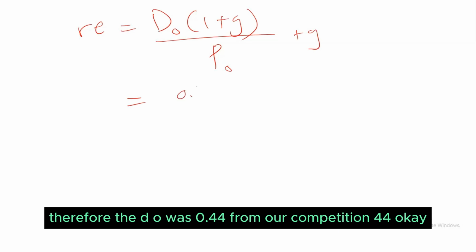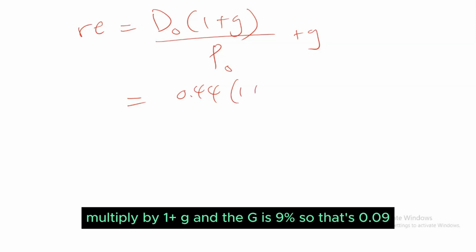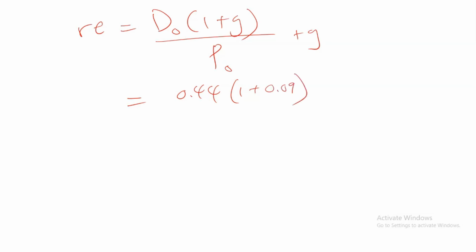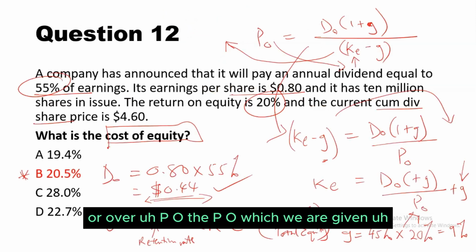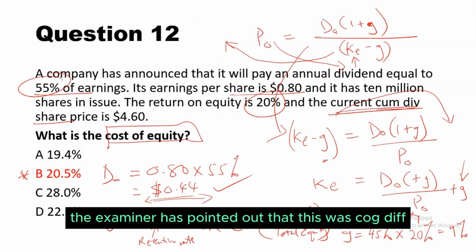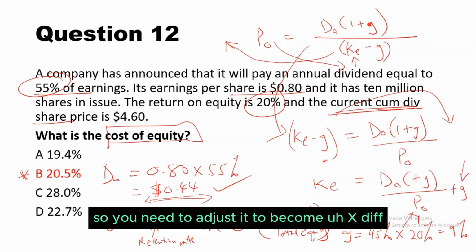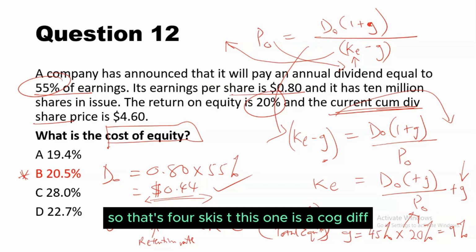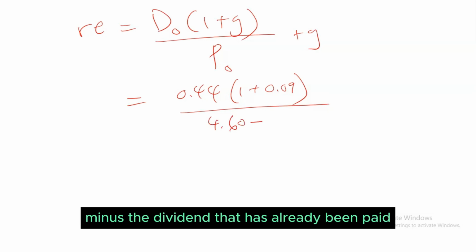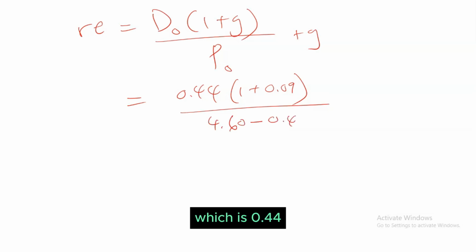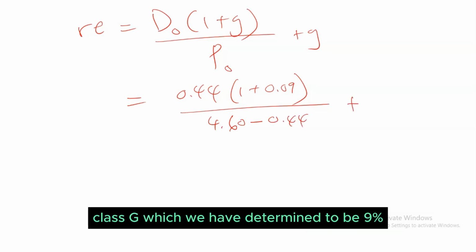Therefore, D0 was 0.44 from our computation, multiplied by 1 plus g, and the g is 9%, so that's 0.09, over P0. The P0 which we are given is cum div. The examiner has pointed out that this was cum div, so you need to adjust it to become ex div. So that's 460, cum div, minus the dividend that has already been paid, which is 0.44, plus g, which we have determined to be 9%.